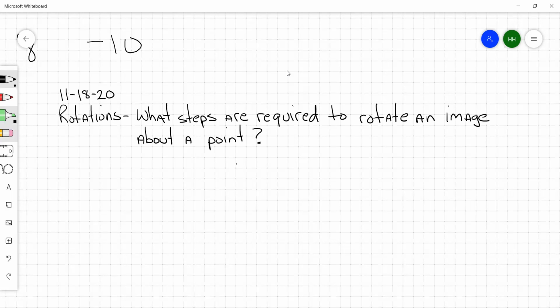Maybe a better word than about would be around. Say around a point.